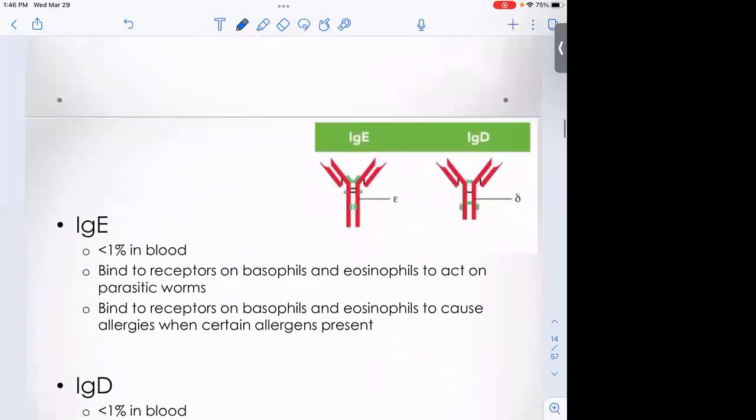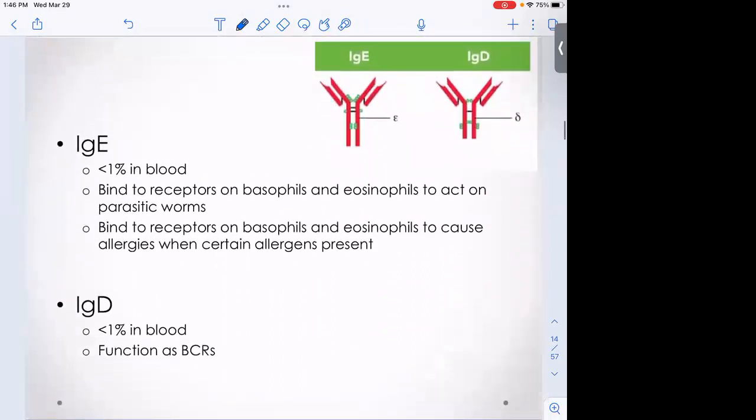All right, and then IgE and IgD. IgE is very rare, typically less than 1% in the blood. We do see more of it if the patient is fighting a certain kind of infection, like an infection by parasitic helminth worms, or during some kind of allergic reaction.